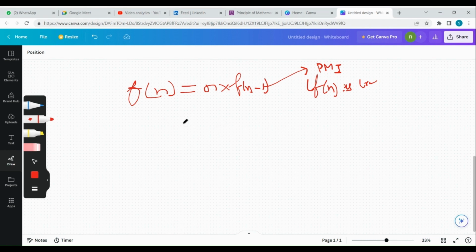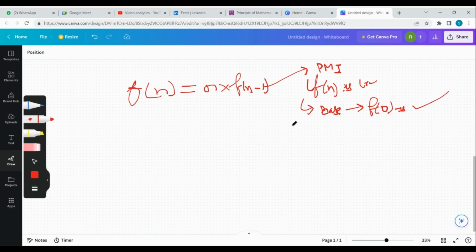What are the steps to prove that a given f of n is true for all natural numbers? The first step is to think about a base case, right? If you recall the principle of mathematical induction, you need to prove that f of 0 is true, right?